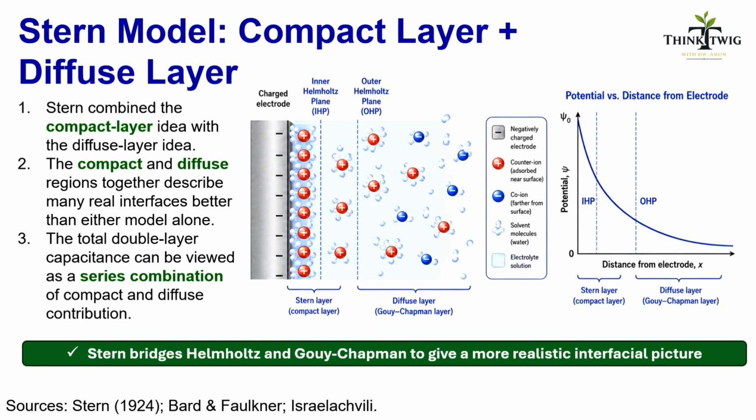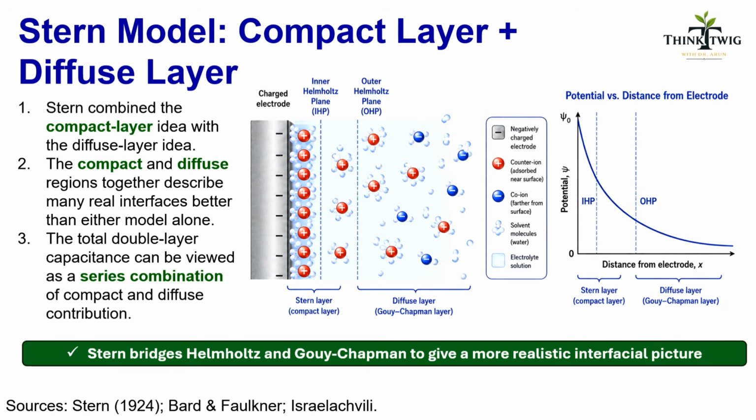The total capacitance can also be understood as a series combination of compact layer and diffuse layer contributions. That means both regions influence the final double layer capacitance. The Stern model is more useful than either earlier model alone, but it is still an idealized continuum model.